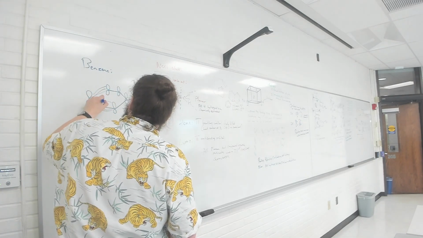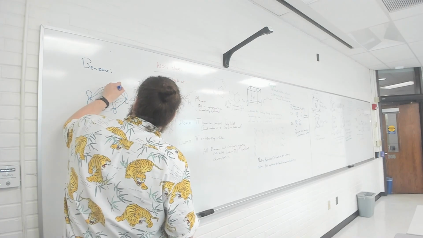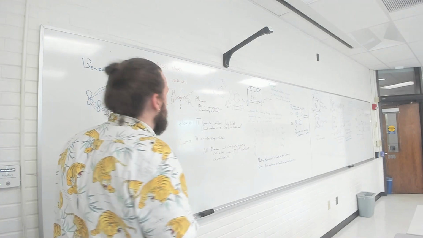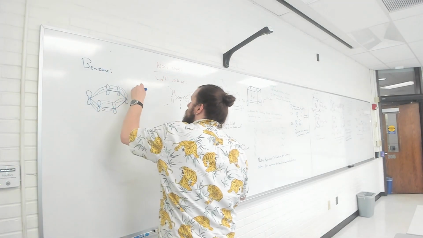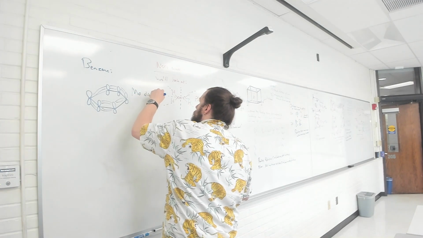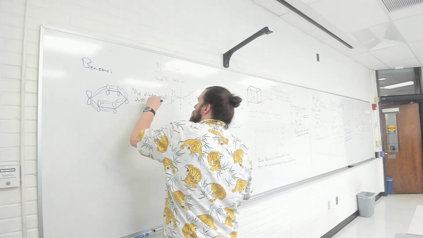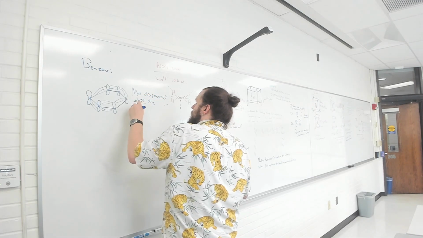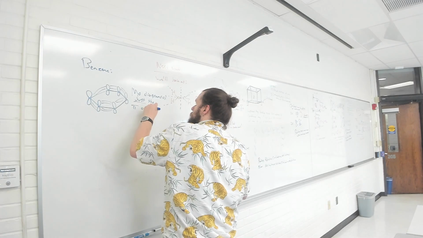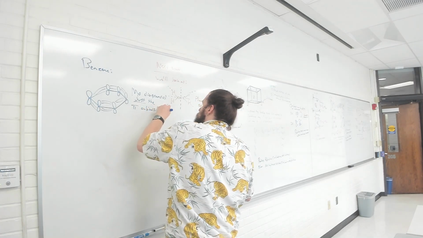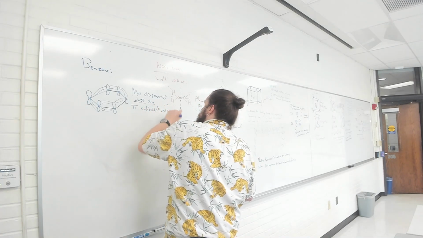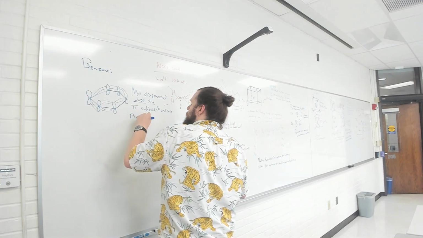We're going to look at the molecular orbital diagrams of just the pi orbitals, or the p orbitals, perpendicular to the plane of the molecule.